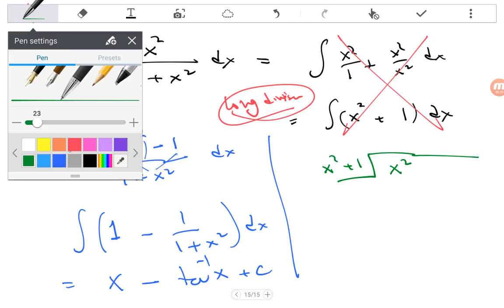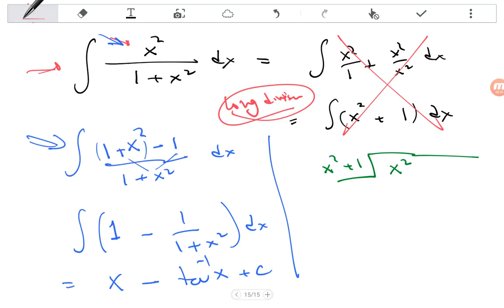It is an easy and systematic approach. We divide the largest power term by the largest power term. Divide only these two terms, the largest power term with the largest power term, which is x squared divided by x squared, which will give me 1. Okay?